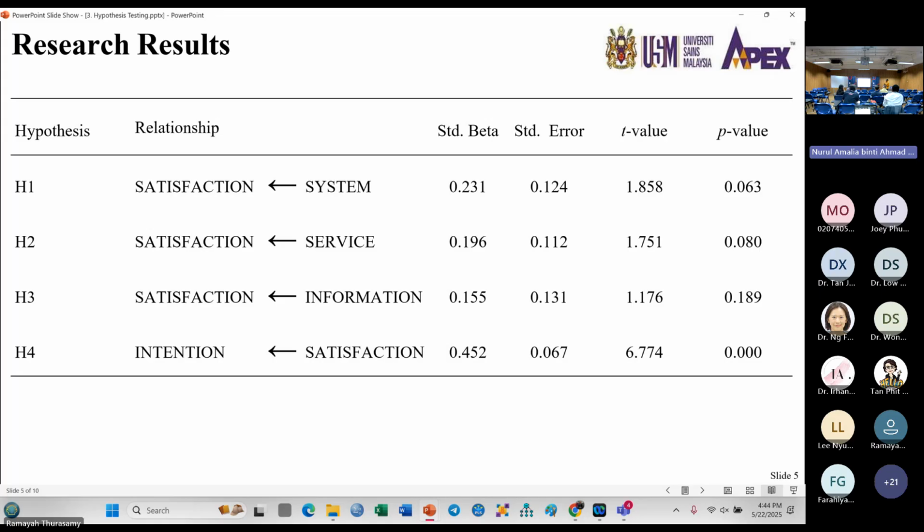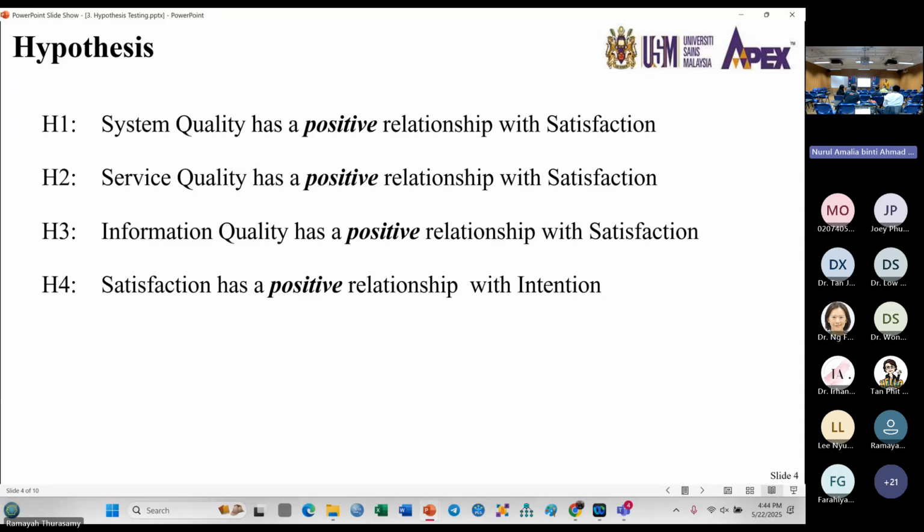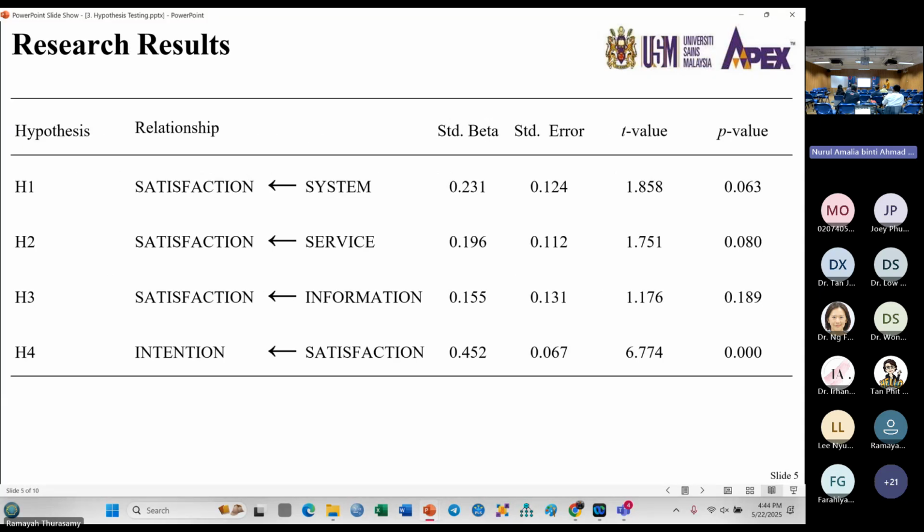We have these four variables, right? We can show the hypotheses we are writing: 1, 2, 3, 4. And then we get the results from the table. Which one is significant?